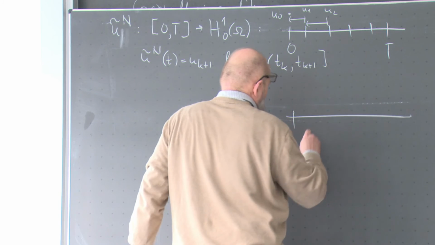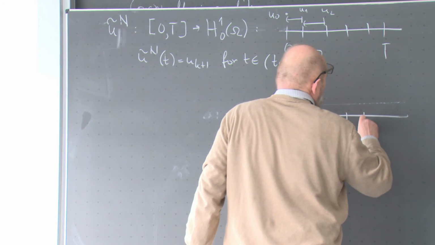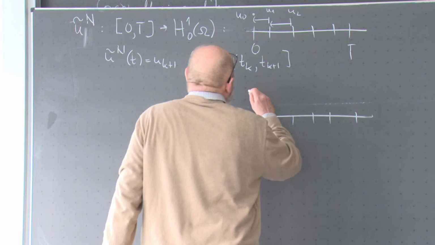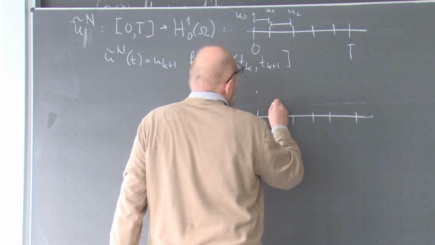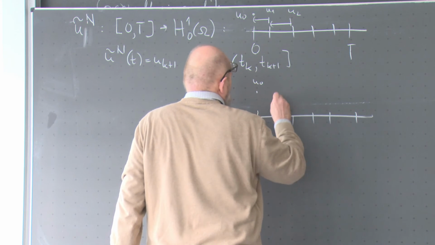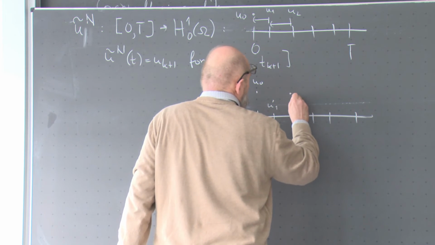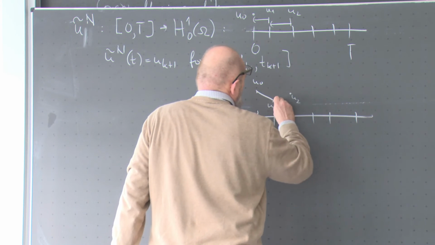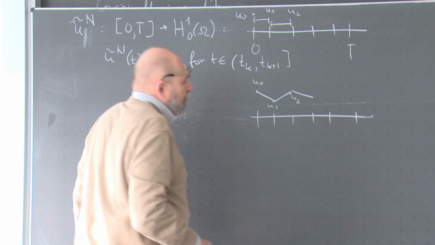Therefore, if we want to avoid this, and we have to avoid this if we would like to deal with derivatives, then we take again those values u_0, u_1, u_2, and we just interpolate linearly.